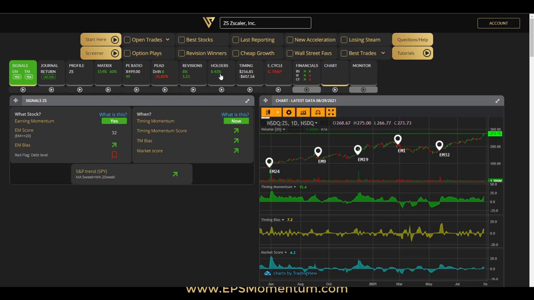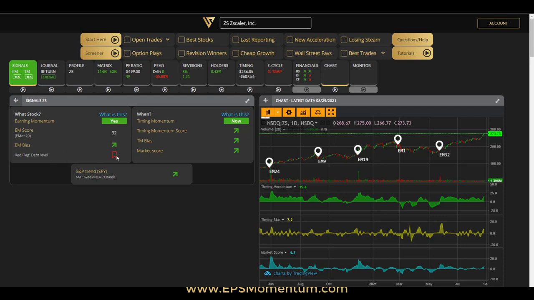Because they're intra-quarter metrics, it's important to see how the bias evolves over the course of the quarter. So here we have an arrow up, meaning it looks good. If one is negative and one positive, there's a weight that goes on, and you would have either a red arrow down or a green arrow up.